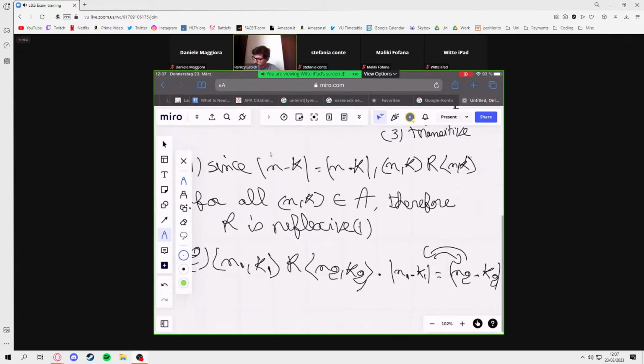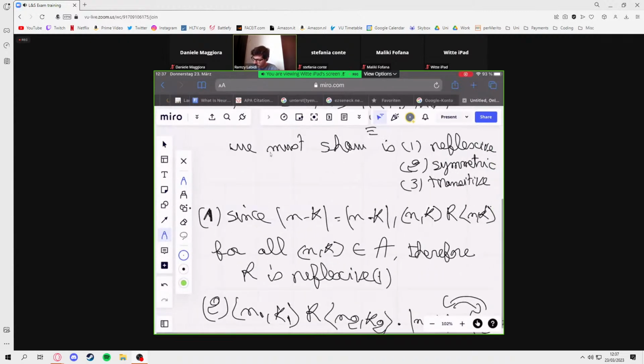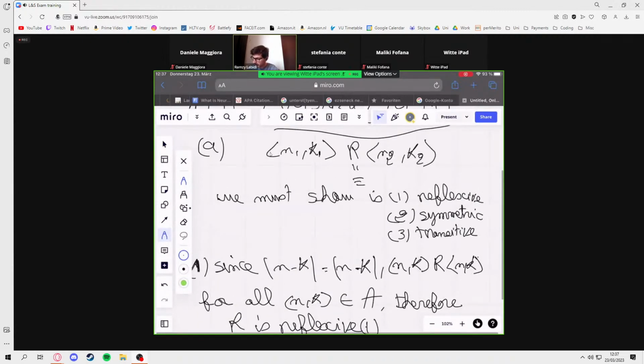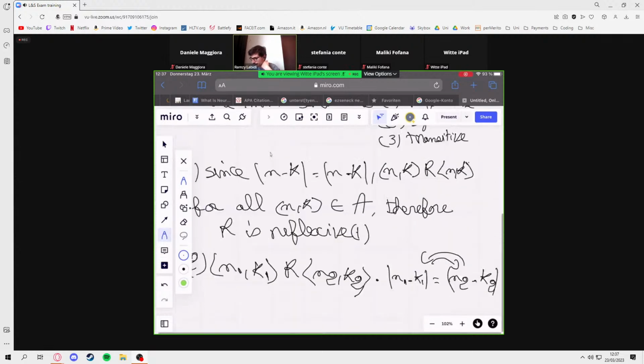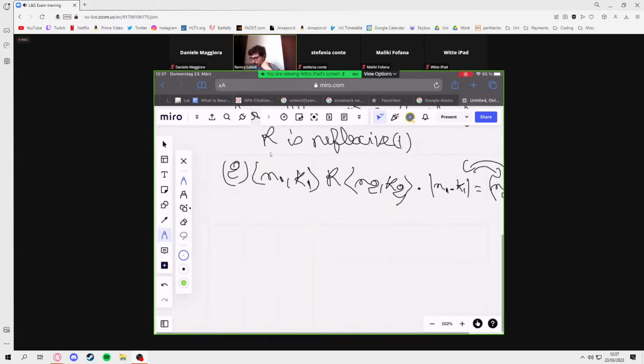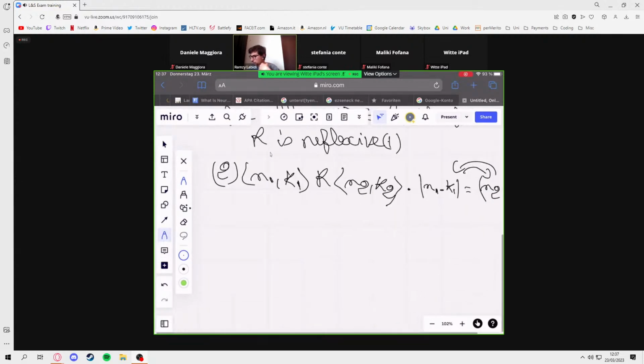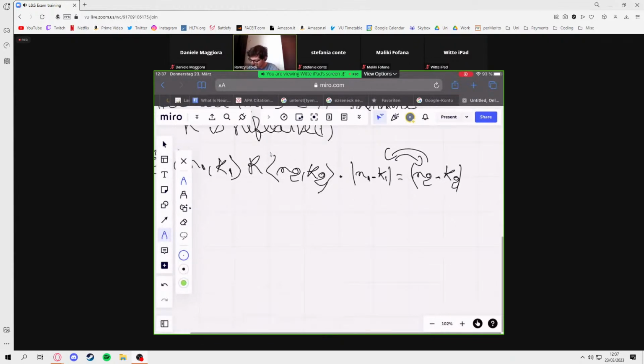Where did I get this from? I got this from here. As you can see, it's written here and in the exam as well that most of them are equivalent. Therefore, I can assume that this is symmetric. Let me write it down.